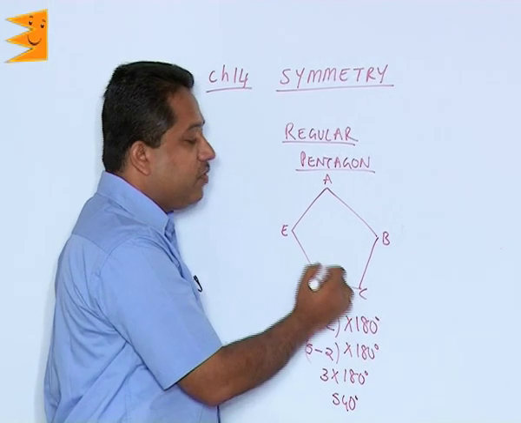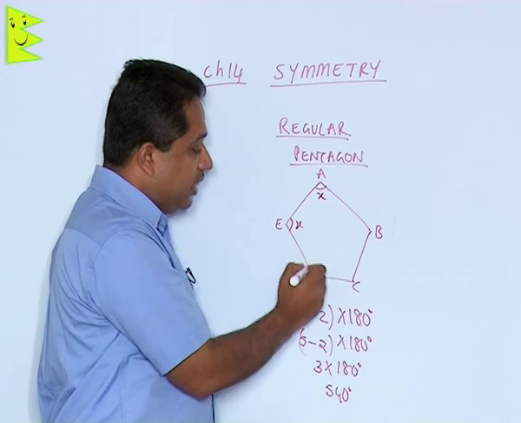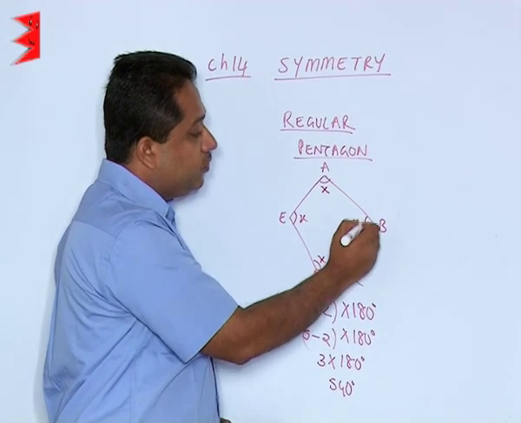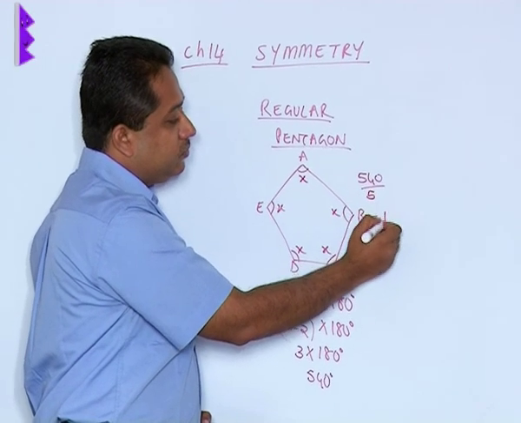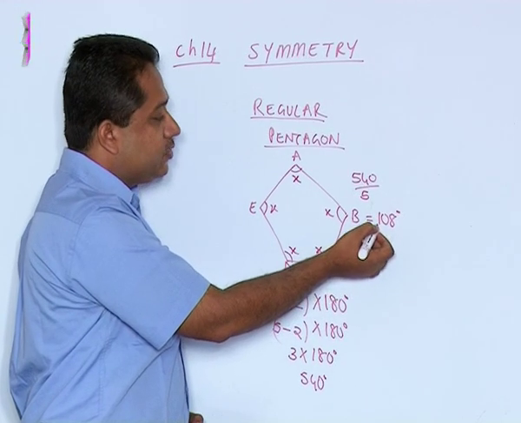So we know that the sum of angles is 540. Now there are 5 angles and they are all equal angles because it's a regular pentagon. So 540 divided by 5, we get 108 degrees. Now what is the axis of symmetry for this?